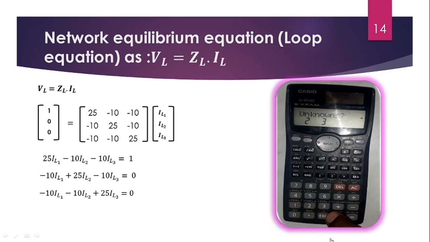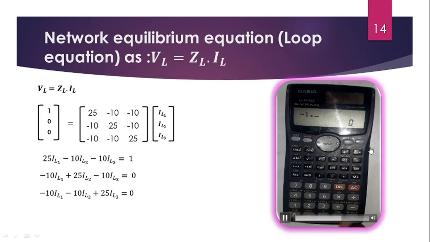What is the value of A1? We already have equations 1, 2 and 3. So A1 is 25. B1 is minus 10. C1 is minus 10, and the right-hand side constant D1 is 1.